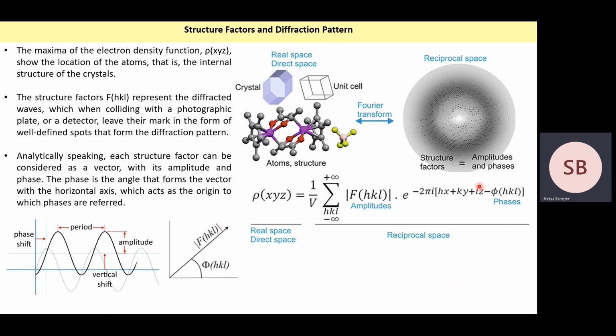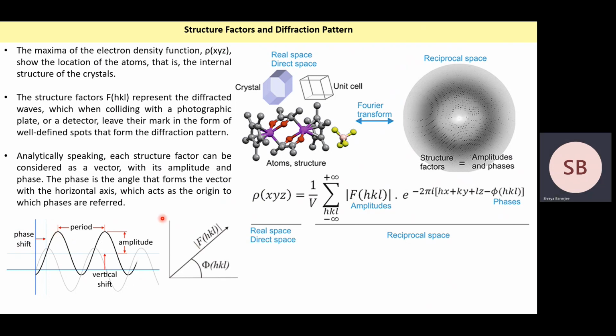The other information that is obtained from this reciprocal space is the phase information, that is phi HKL. So in a wave, the structure factor, the amplitude, is the distance from the base to the crest, or the base to the trough, while the phase information is the horizontal shift of the wave.